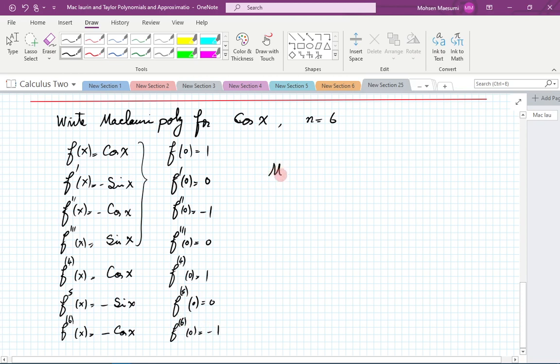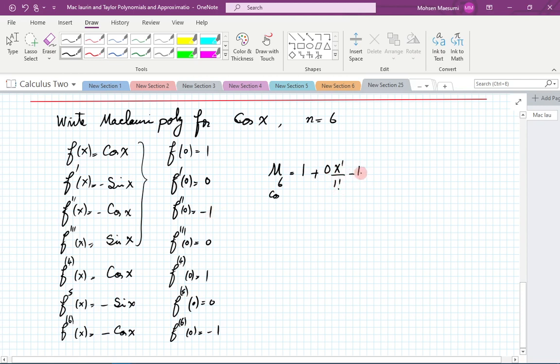So this is the Maclaurin up to level 6 for cosine. How does that go? Start with very first number that you have. Previously was 0. This is a 1. Next is a 0 that has to multiply by x to power of 1 over 1 factorial. Of course, we don't need to write that.